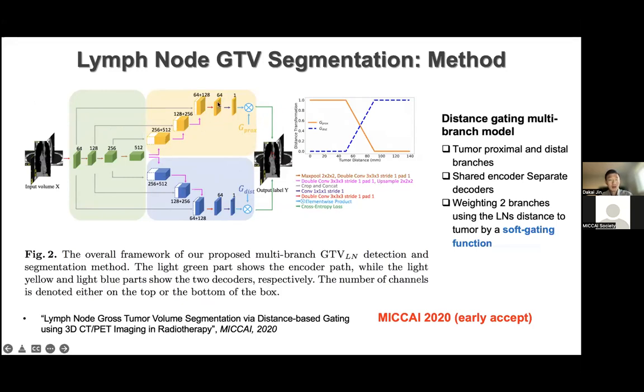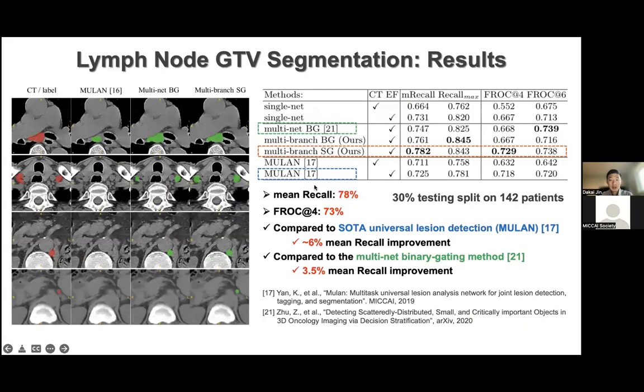One of the branches focuses on learning the features related to the proximal lymph nodes, and the other decoding path focuses on learning the distal lymph node features, and by applying a distance gating function as output, these models can be trained simultaneously. And the results are listed in the table.